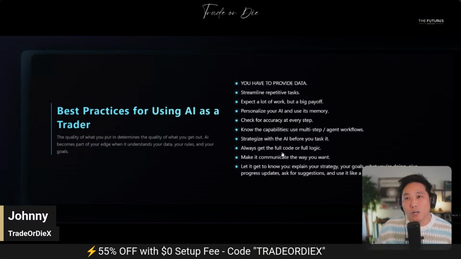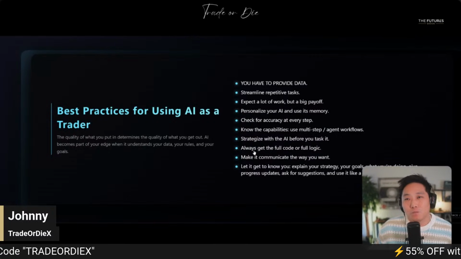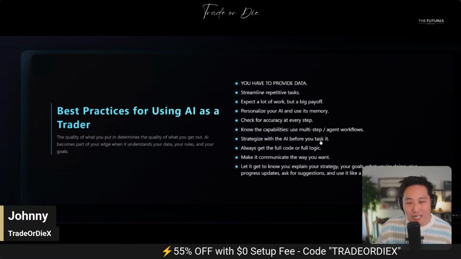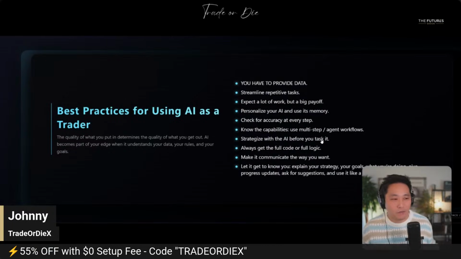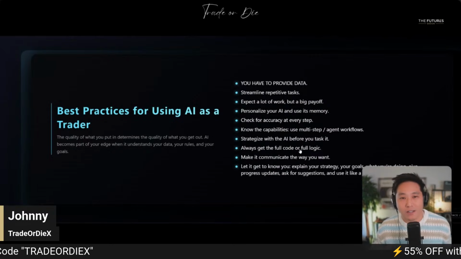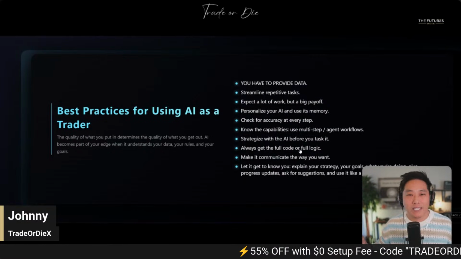Always get the full code or full logic. This is just a little pro tip. If you're coding with AI, one of the things you'll notice that it does right off the bat that can cause some hiccups, especially if you're not familiar with code, is that if you ask it for a correction on the code, it'll give you a little snippet of code to then copy and paste into the code.